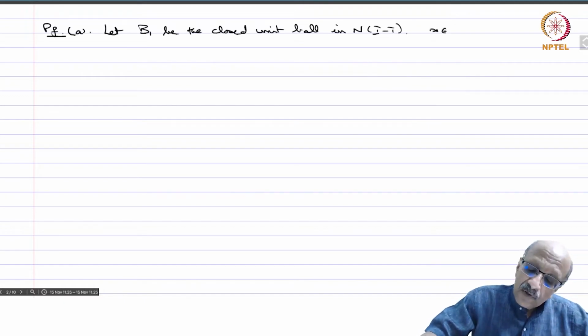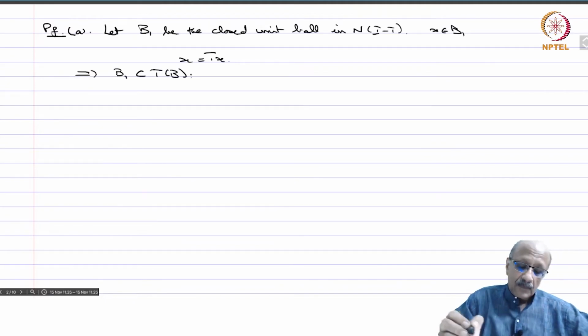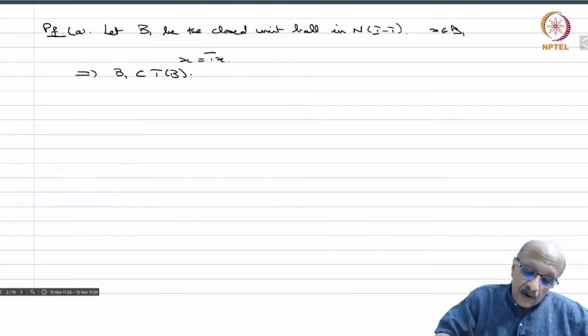So if x belongs to B1, then what do we have? x equals Tx. So B1 is contained in TB, where B is the closed unit ball in V.